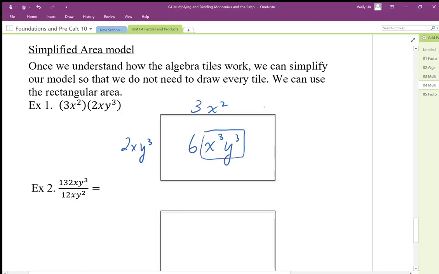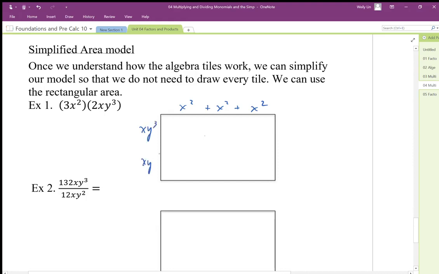Now if I want to show each individual piece of this, I can do it like this. I can do a length of x squared, x squared, x squared. That's going to give me my 3x squareds. I can say that I have xy cubed, xy cubed, and I can show my 6 area pieces of x cubed y cubed like this.